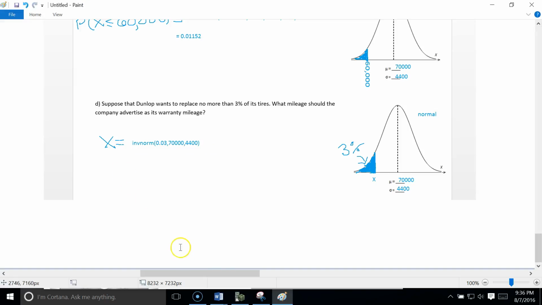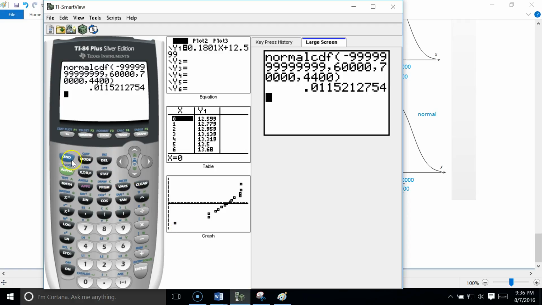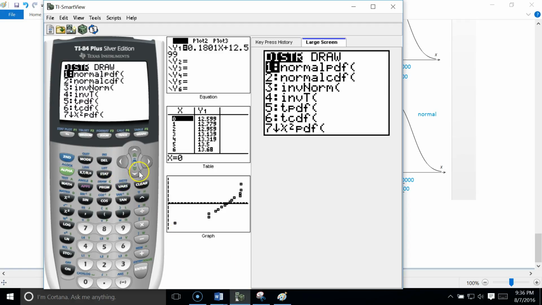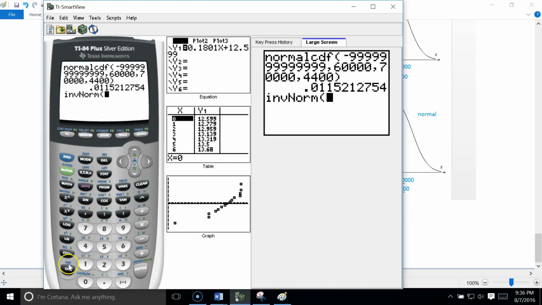Okay, so now we can go to our calculator and figure out what that is. Distribution, inverse norm. And remember, the calculator wants the area to the left, which we know is 0.03, comma, with a mean of 70,000, comma, and a standard deviation of 4,400.